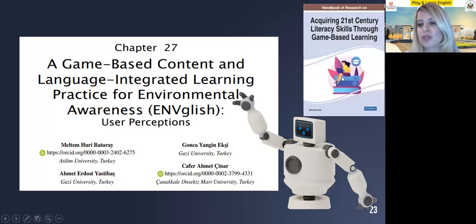The whole book is related with game-based learning principles and how they can be integrated in learning. Language learning plus other 21st century literacy skills. So it's the general one. Now, what this chapter that I'm going to talk about is using game-based principles in a language class, but integrating it with CLIL principles.